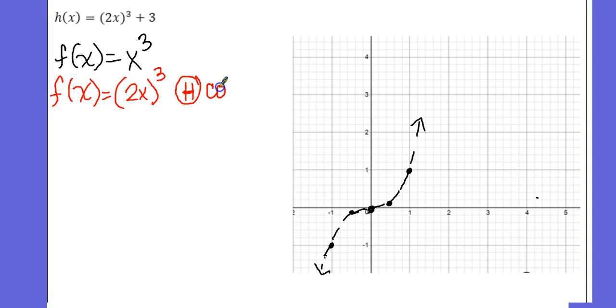We're compressing it, right? By half. Because in order to make 2 into 1, so I can cube it, I've got to cut 2 in half. All right, so that means that all of these points are going to squeeze in towards the center halfway. So this point, instead of going right 1, up 1, is only going right half.